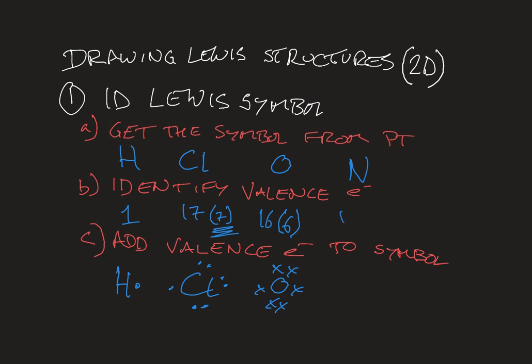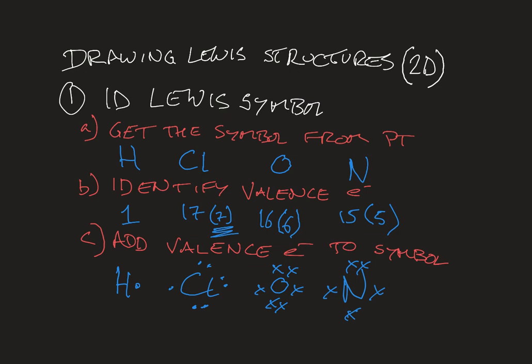Okay, so this is group 15, which means it has 5. So we're going to have nitrogen here, and we'll have 1, 2, 3, 4, 5. Okay, and that's the first step, is just identifying how many valence electrons there are in the elements that are going to be involved.